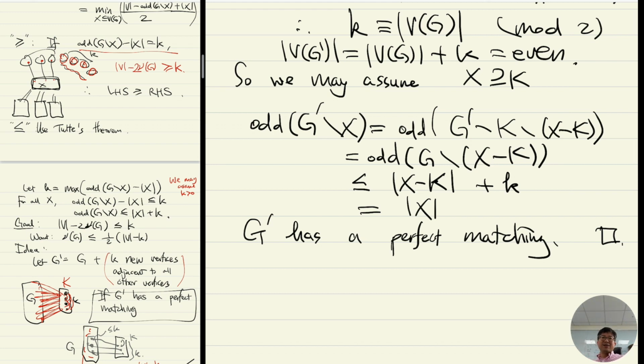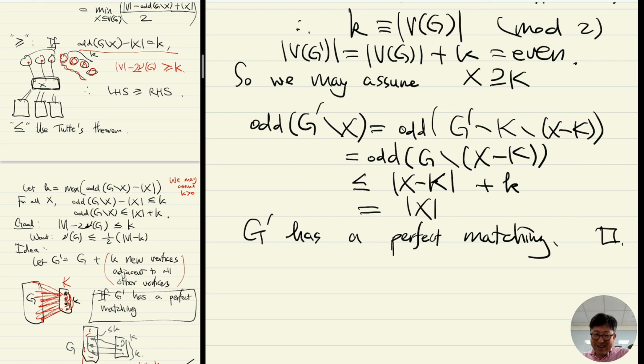And now you may wonder whether you have an algorithm to find a perfect matching or maximum matching in a graph. This proof probably does not give you an efficient algorithm. Yeah, probably not, because remember our proof of Tutte's theorem? There is a step saying that you take a maximal critical set. Let me think.